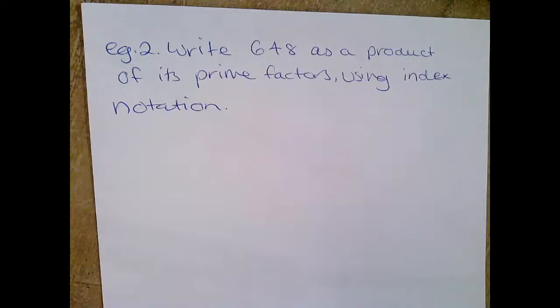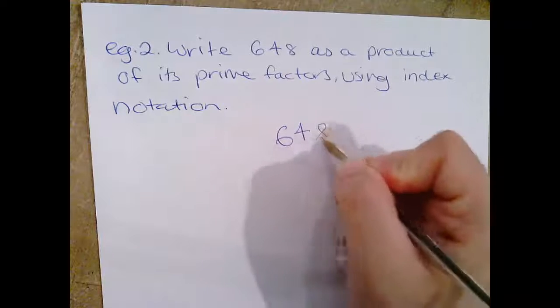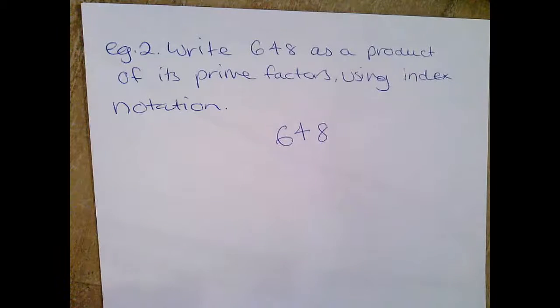Example 2, write 648 as a product of its prime factors using index notation. 648 is a little bit tricky, probably because it's quite a large number. So I can see that the last number is 8, which means that 2 is going to go into that.